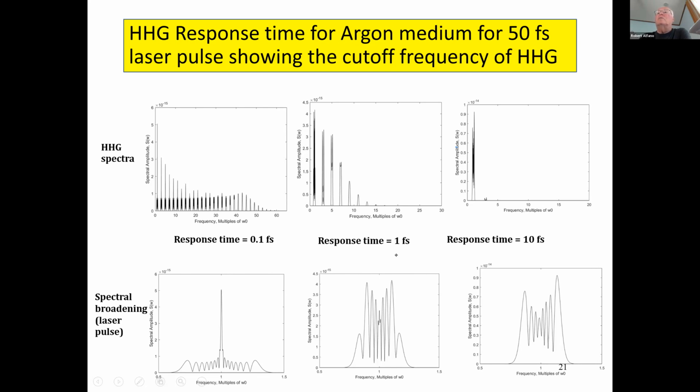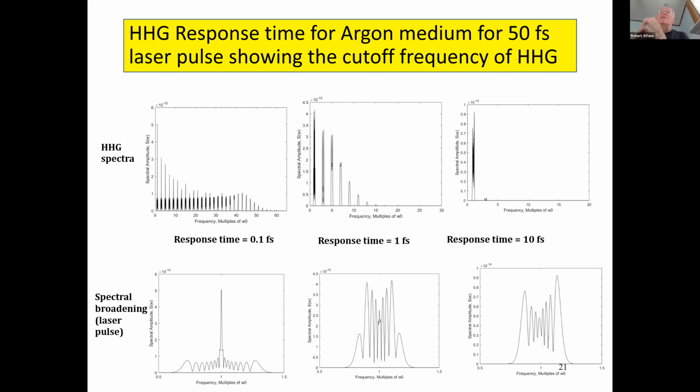But if you go to 1 femtosecond response time, it goes down to 10 omega 0. So that's 10, and this one's 51 omega 0. If you use 10 femtoseconds, it only goes down to 1 of the harmonics. So it's critical that the response time of the medium has to be fast, and that is of electronic origin, depending on the material you use.